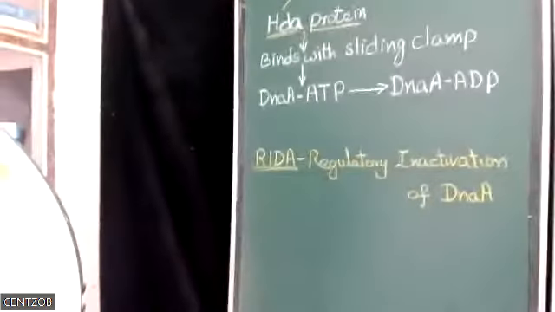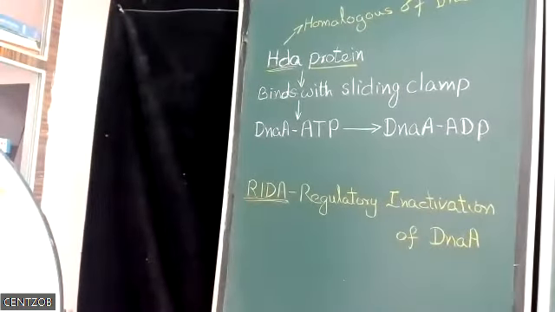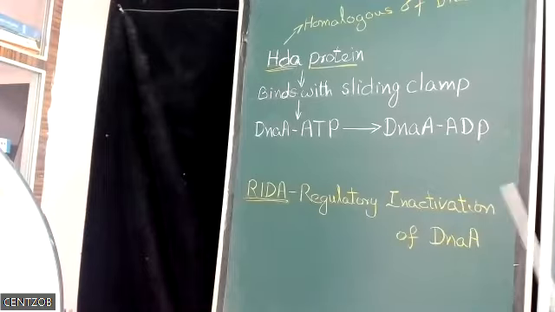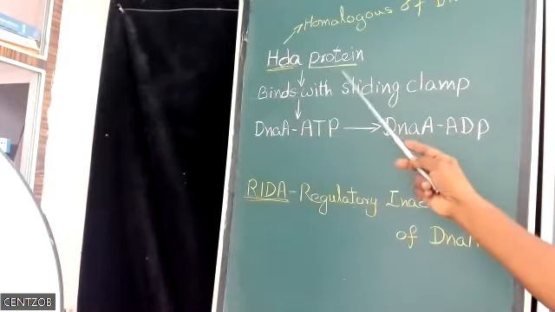Now we know the concentration of DnaA-ATP should be high for the initiation, but the levels of DnaA-ATP and DnaA-ADP can be regulated by this SeqA protein.